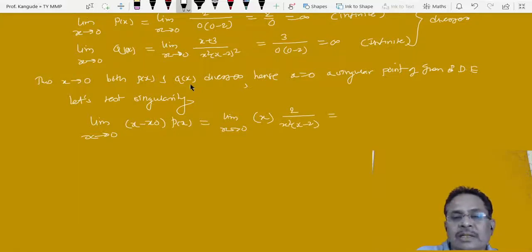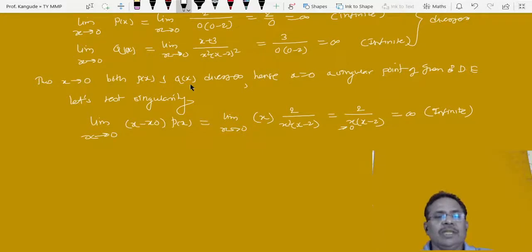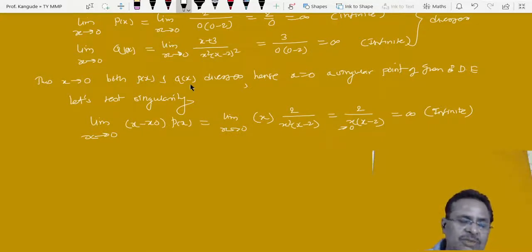One of these x gets cancelled, so 1 upon x remains, and it becomes 2 upon x into x minus 2. When x becomes 0, this again becomes infinity, so this is also infinite. So the limit of x minus x0 into p of x diverges, becomes infinity, when the value of x is 0.